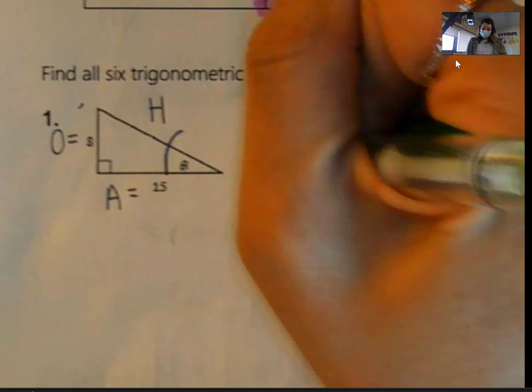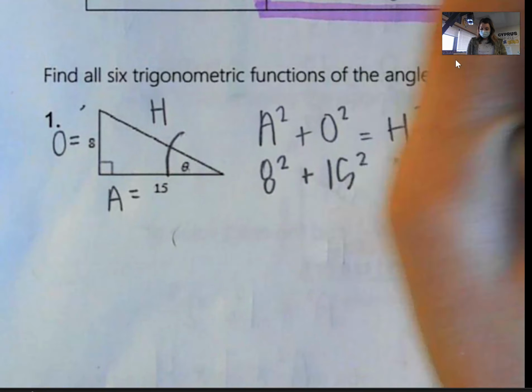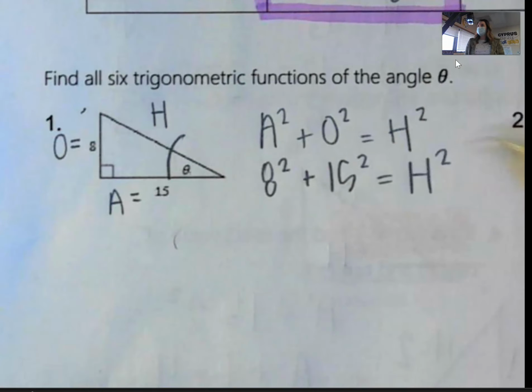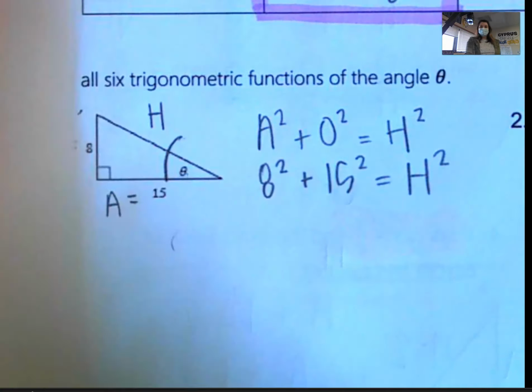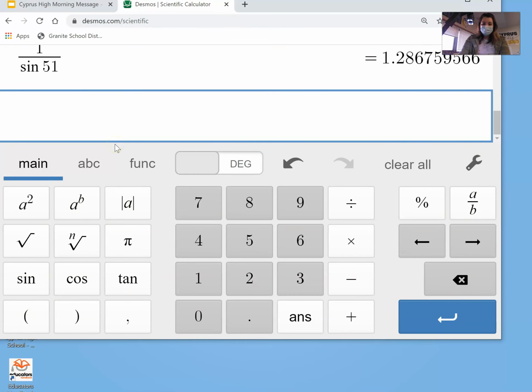So I plug in 8 squared plus 15 squared equals H squared. And now that I have Desmos just pulled up, I can go there and do 8 shift 6 plus 15 shift 6. That gives me 289. So 289 equals H squared.